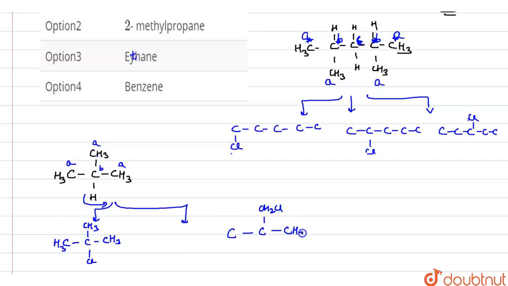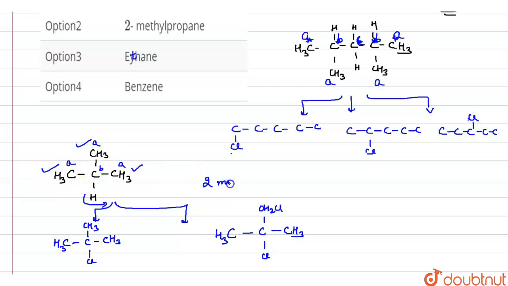The result is CH2Cl, CH3, CH3, Cl. When we find the R or S nomenclature here, the same nomenclature is formed. That means if we substitute chlorine on this carbon or this carbon or this carbon, the result will be the same.